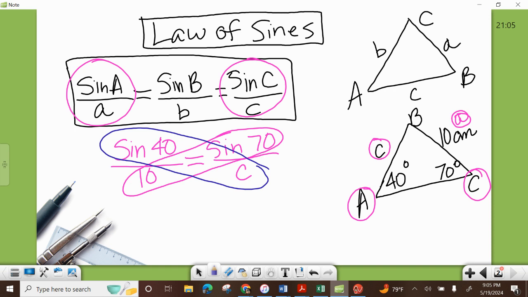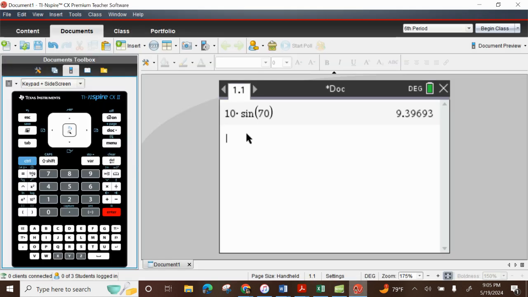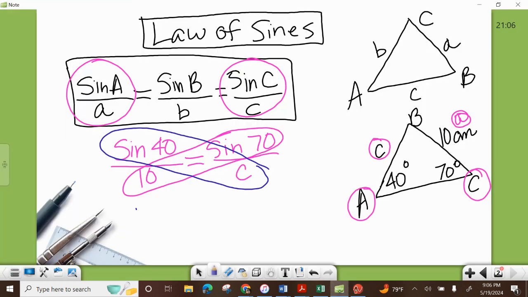So I'm going to take as many decimal places as I can. Most of the time, I tell my students, and if you're one of my students that's watching this, I tell you when you're doing trig ratios to go to 4 decimal places. So we're going to use all 5 of them, 9.39693, but I don't have to write them all out on my paper because I'm going to come back to the calculator and revisit that.